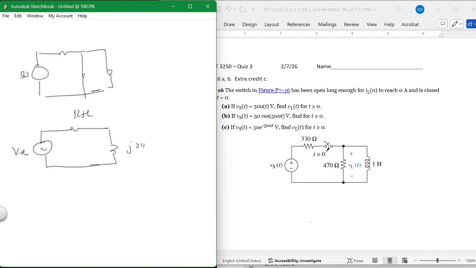J 2 pi f times L, which in this case is 500 for 2 pi f, times L, which is 1.